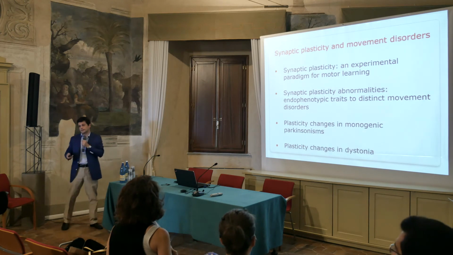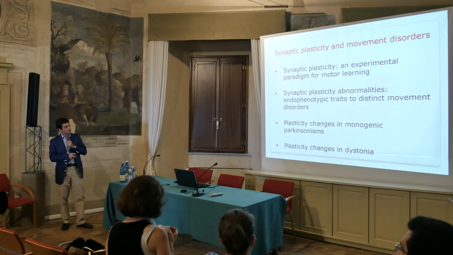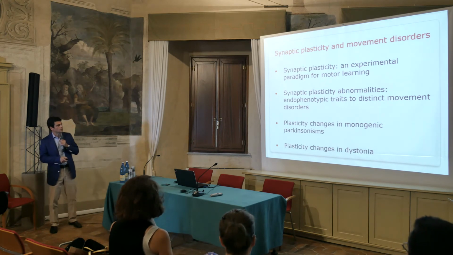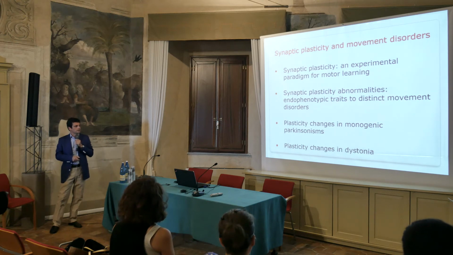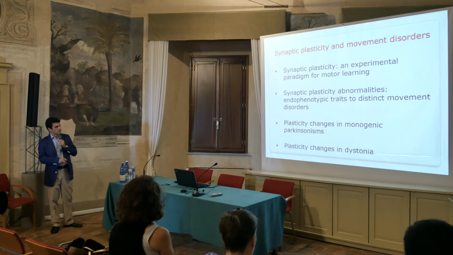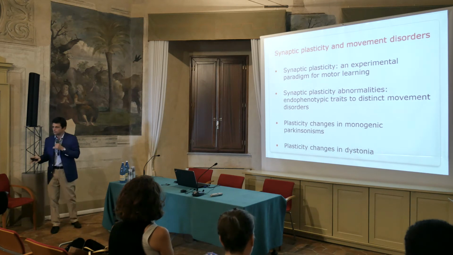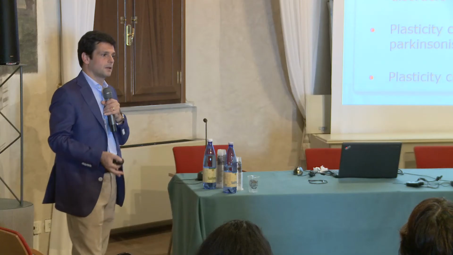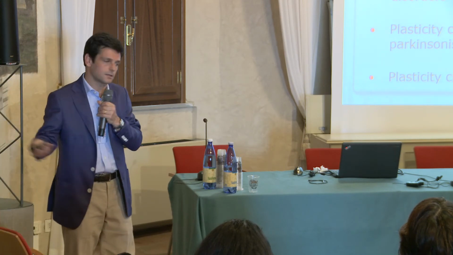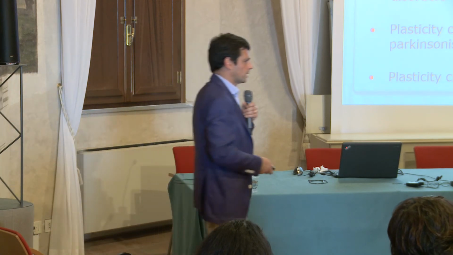And so plasticity, as we said, is a paradigm for motor learning, but it's also relevant because it helps us define some endophenotypes for specific movement disorders, as we will see, in monogenic Parkinsonism, but also in dystonia. Our readout, of course, is the plasticity deficit, which can be very different from one movement disorder to another. And this is something that we will talk about later, I think.